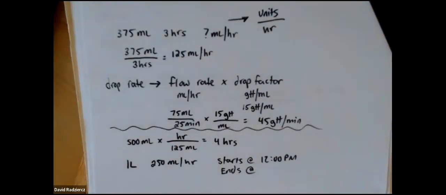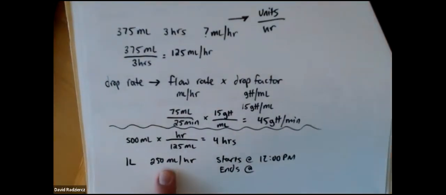In order to solve this, there are a couple of different ways. You could just look at that 250 milliliters per hour and say, okay, in 1 hour, it's 250 milliliters. In 2 hours, that would be 500 milliliters. 3 hours would be 750 milliliters.